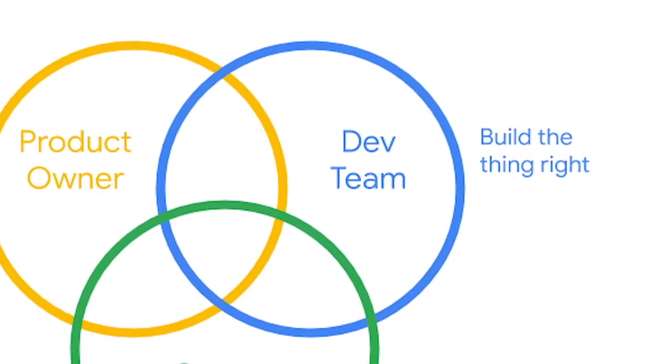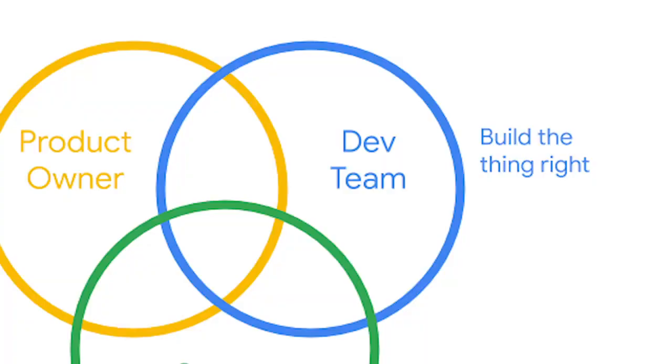The development team is responsible for how a team will deliver that product. For example, creating a new website is next on our to-do list, so customers can order plants for their home office. The development team is building websites, integrating billing systems, and fixing issues. The development team's job is to build the thing right.